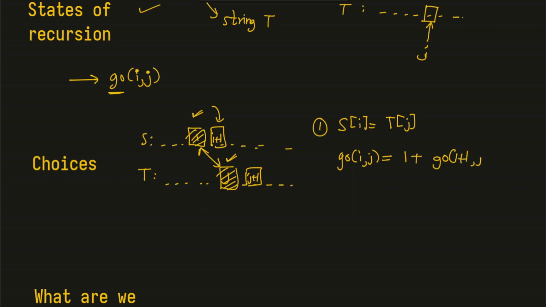Hence this is one of the possible ways of saying that if we start constructing the subsequence at the ith position for string s and the jth position for string t, then if they are equal, if and only if they are equal, we can add a length of 1 to the subsequence that we are constructing and compute the answer for the rest of the parts of s and t, which are from index i plus 1 for string s and j plus 1 for string t.